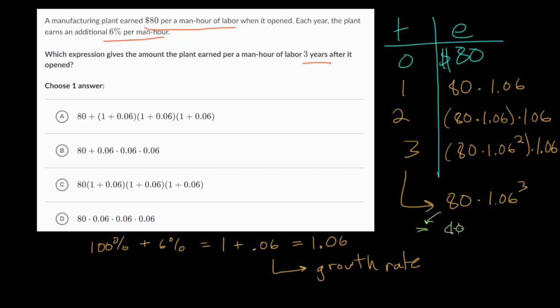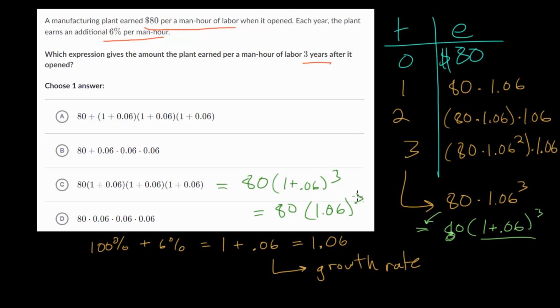So this is equivalent to 80 multiplied by 1 plus 0.06 to the third power. And if we want, we could write this out 3 times. And looking at the answer choices, that does seem to be what they did here. They took 80 and they multiplied it by this 1 plus 0.06 3 different times. So this choice letter C here is equal to what we have, since this is 80 times 1 plus 0.06 to the third, or writing it most simply, this is 80 times 1.06 raised to the third power. So choice letter C is the correct answer here.